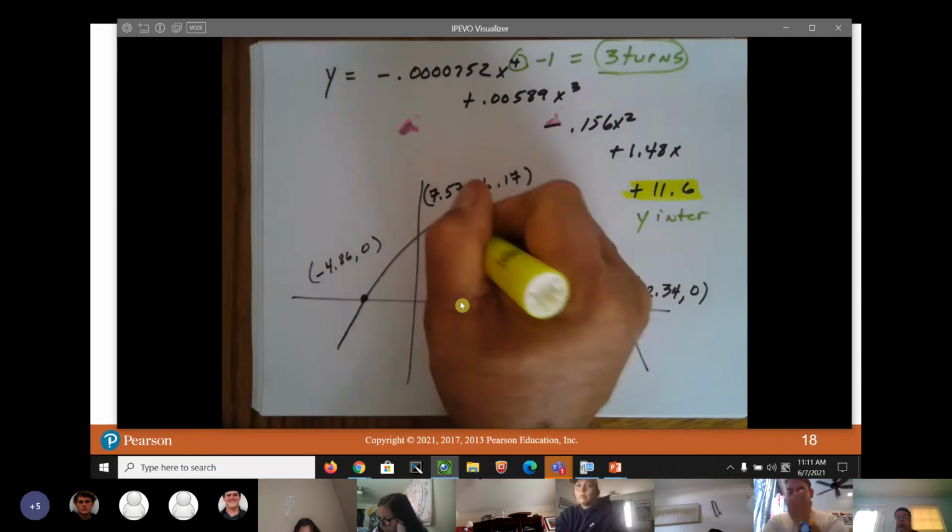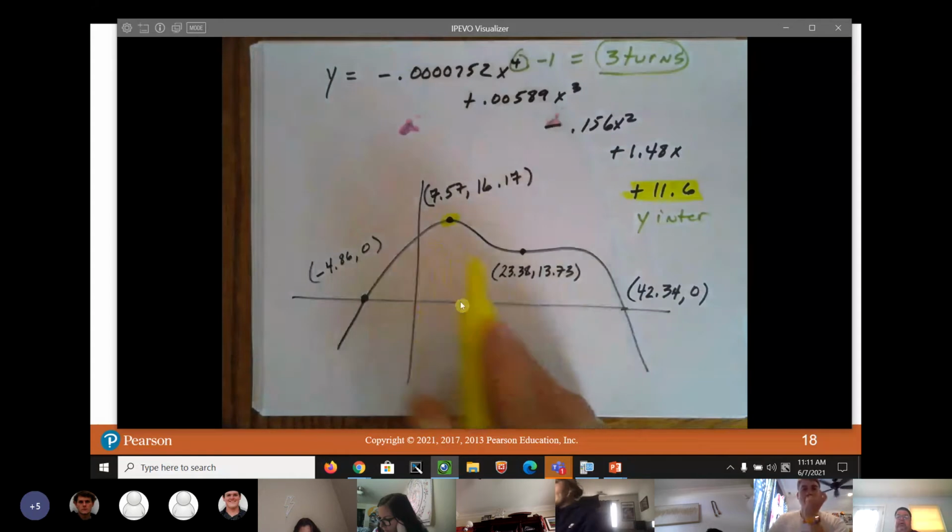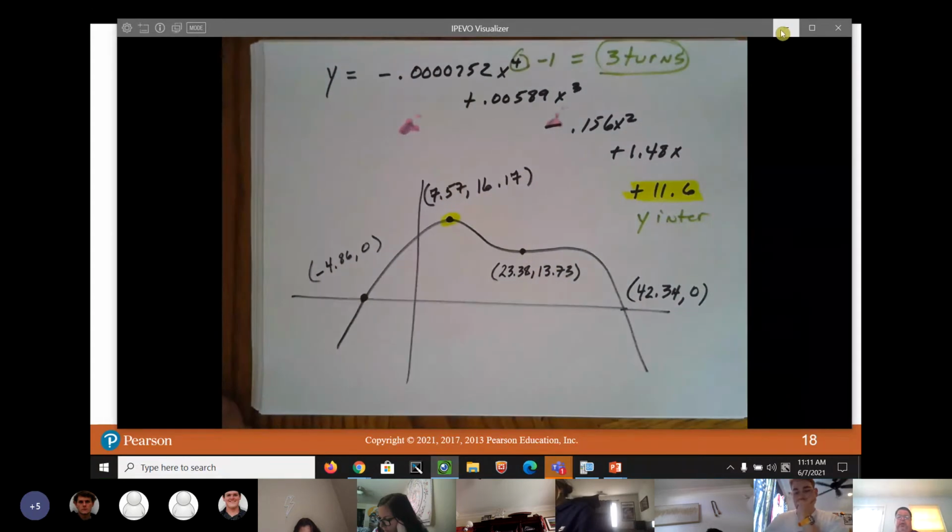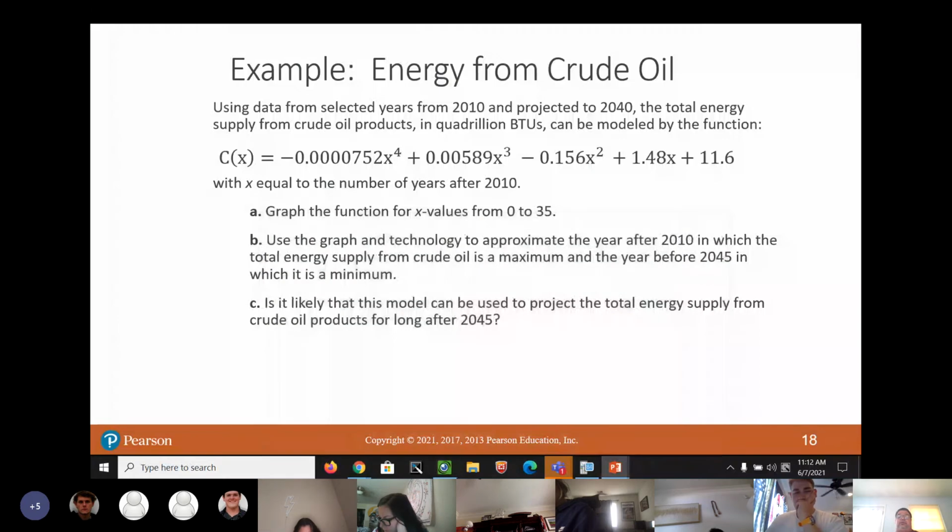So I don't know. Let's see. What is X? X is the years after what? After 2010. So what's 7.57? That's the year 2017 and 6 months. So I don't know what they want to round to. It doesn't say round.